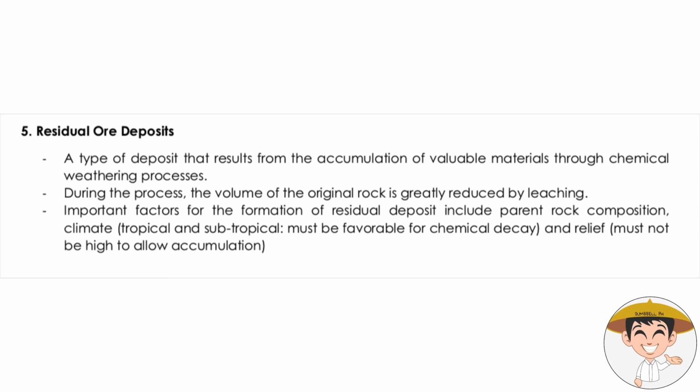Now for the last mineral deposit, we have residual ore deposits. This is a type of deposit that results from the accumulation of valuable materials through chemical weathering processes. Take note: chemical weathering. During the process, the volume of the original rock is greatly reduced by leaching, because it is through chemical weathering.